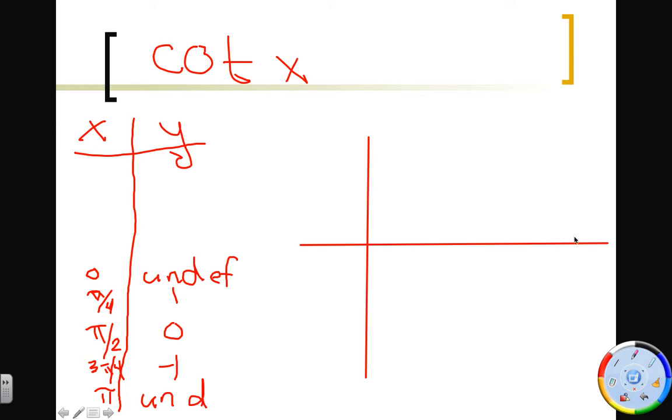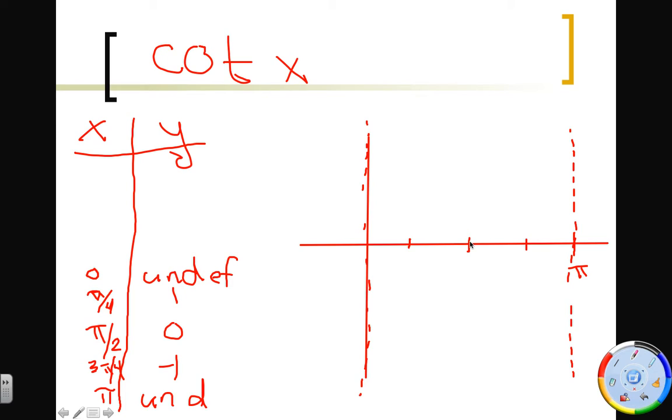Okay, so go back to my pen. Here's pi. Here's pi halves, pi fourths, and 3 pi fourths. And at pi, I have an asymptote. And at 0, I have an asymptote. Kind of hard to see a 0 asymptote, huh?